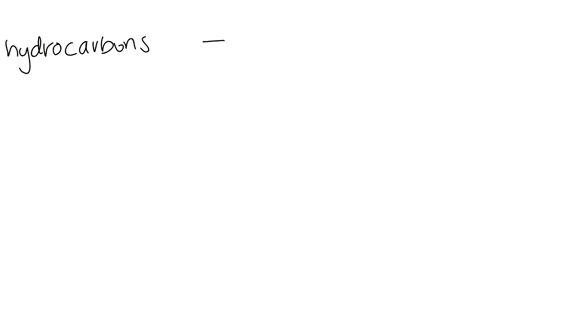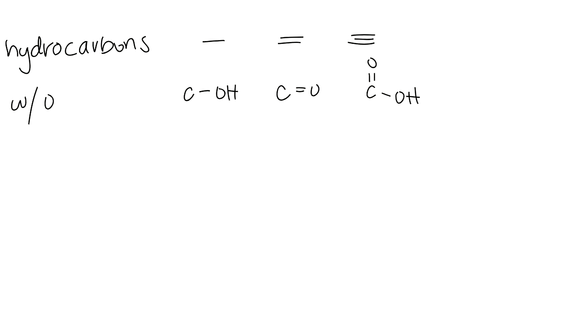It'll become more oxidized if we have a CC double bond, and then more oxidized if we have a CC triple bond. If we have a carbon with an oxygen, obviously having an alcohol is the lowest oxidation. Then we can have a ketone is next. Then we can have a carboxylic acid is our next highest oxidation, and we can get oxidized all the way up to carbon dioxide.